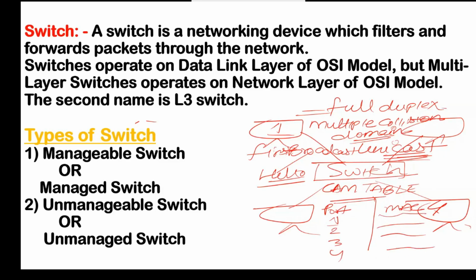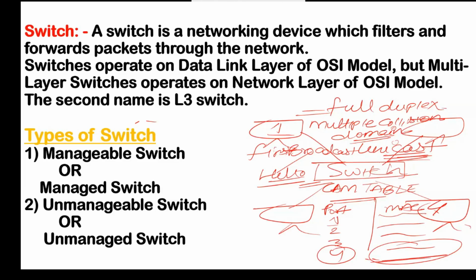What will happen when you send the data from the first PC to the fourth PC? At that time, firstly this switch will check in this table: on this fourth port, is any device available or not? Okay, on the fourth port a device is available. What is the MAC address of that device? Okay, that is the MAC address. And it will get that MAC address in the frame, as we discussed on the data link layer.